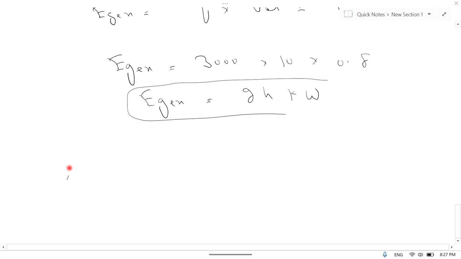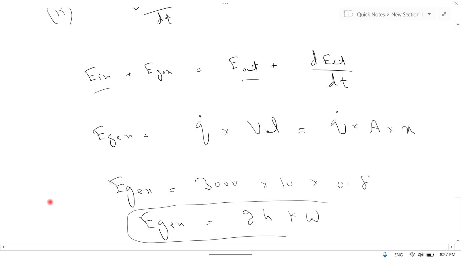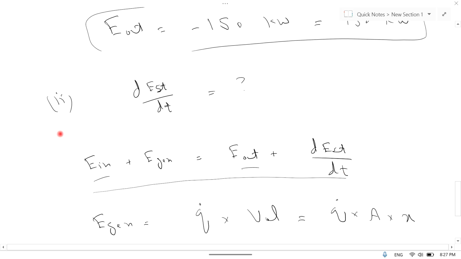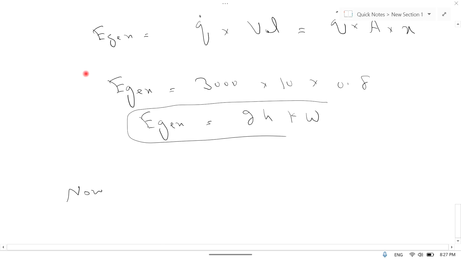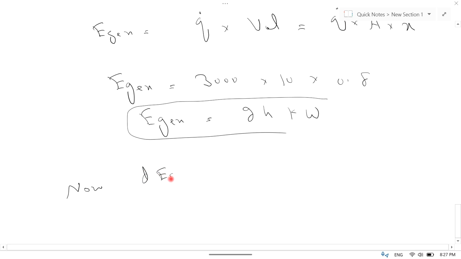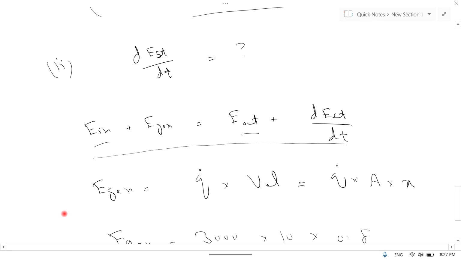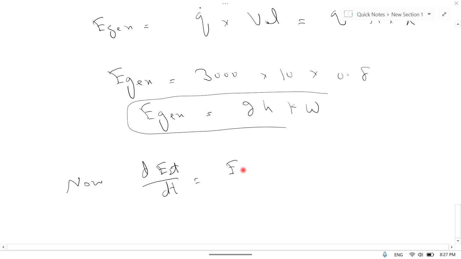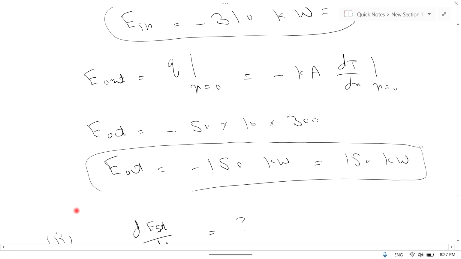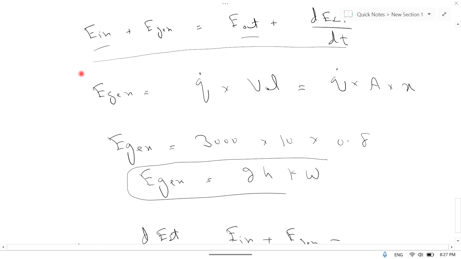Now we use the law of conservation of energy, and we can find dE stored divided by dt. The energy stored per unit time is equal to E in plus E generated minus E out.